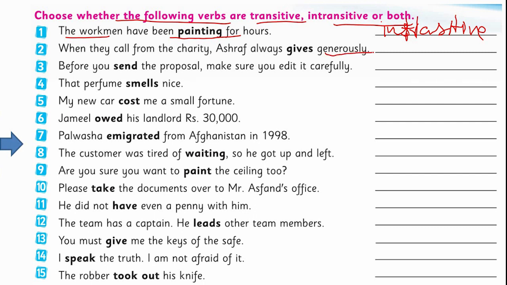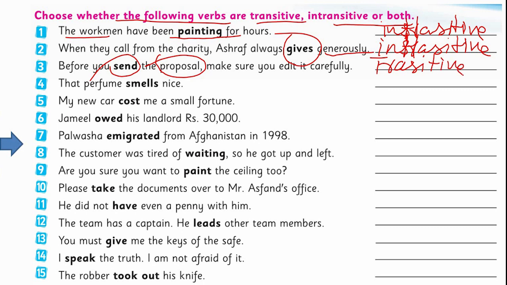Again we don't have an object, so it is again intransitive. Before you send the proposal, make sure you edit it carefully. Now send is transitive because we have an object here, proposal. So it is transitive.